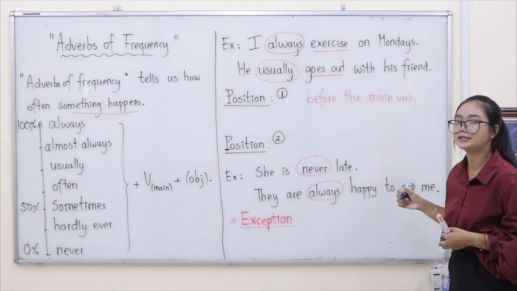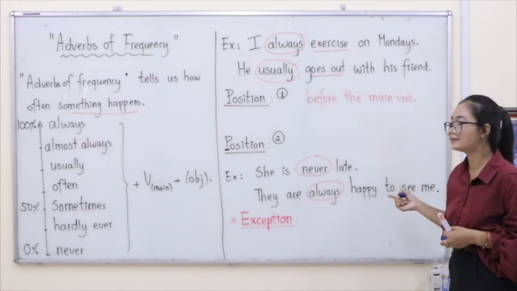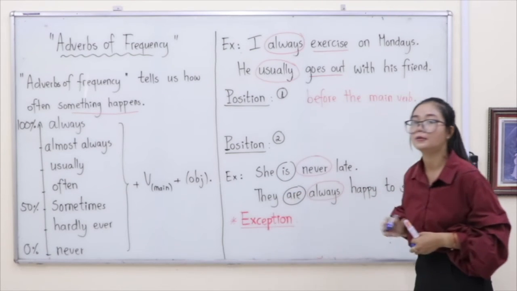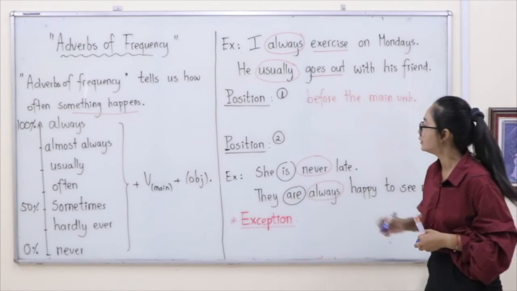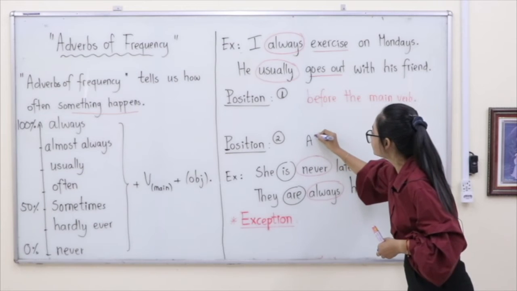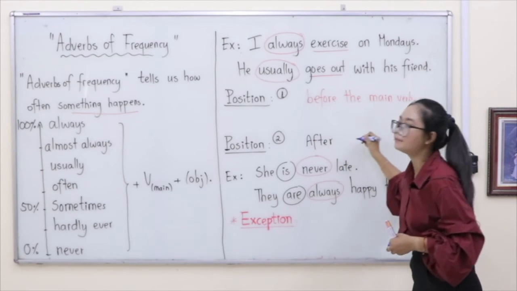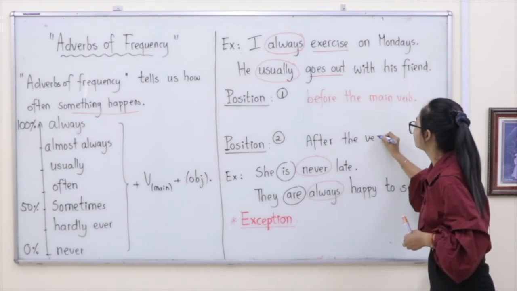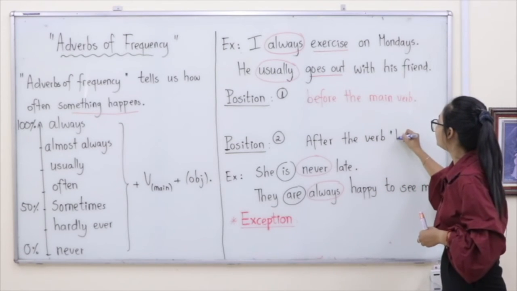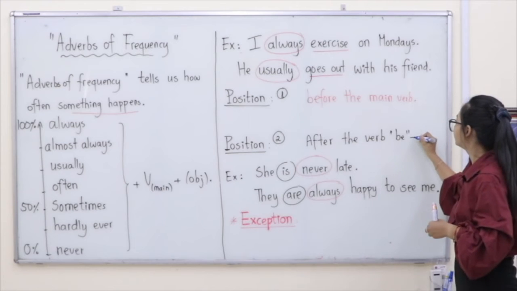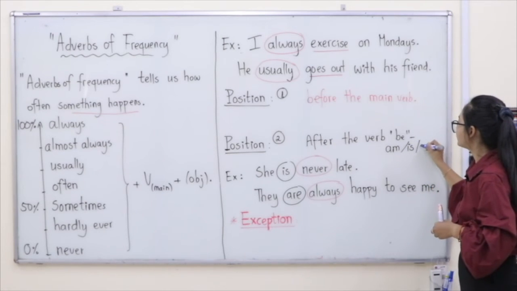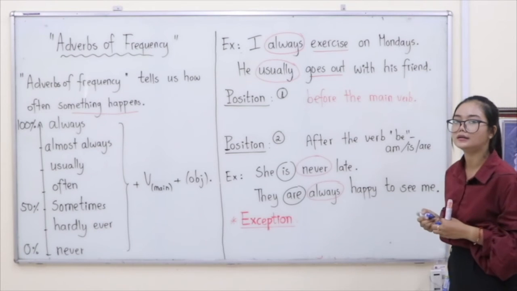In these sentences, the adverbs of frequency are after the verb be. So the second position, the adverb of frequency, is after the verb be. So, am, is, or are.